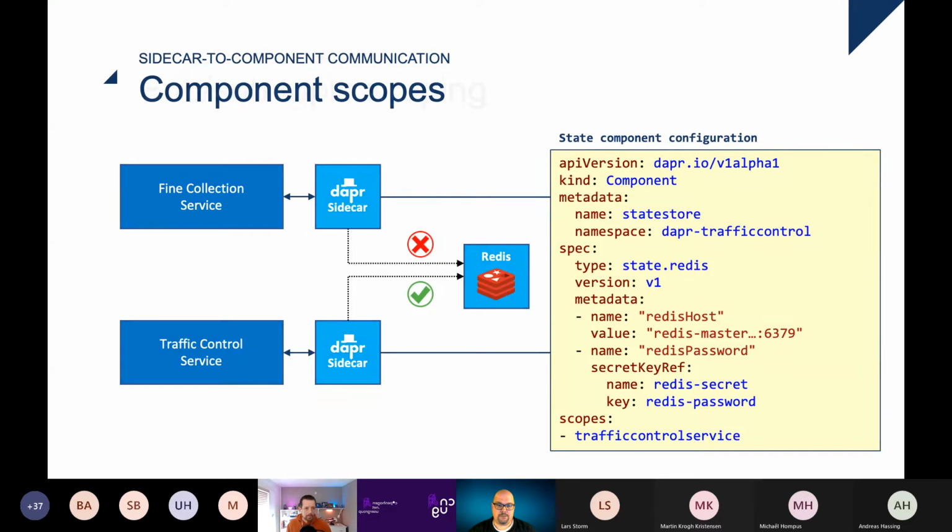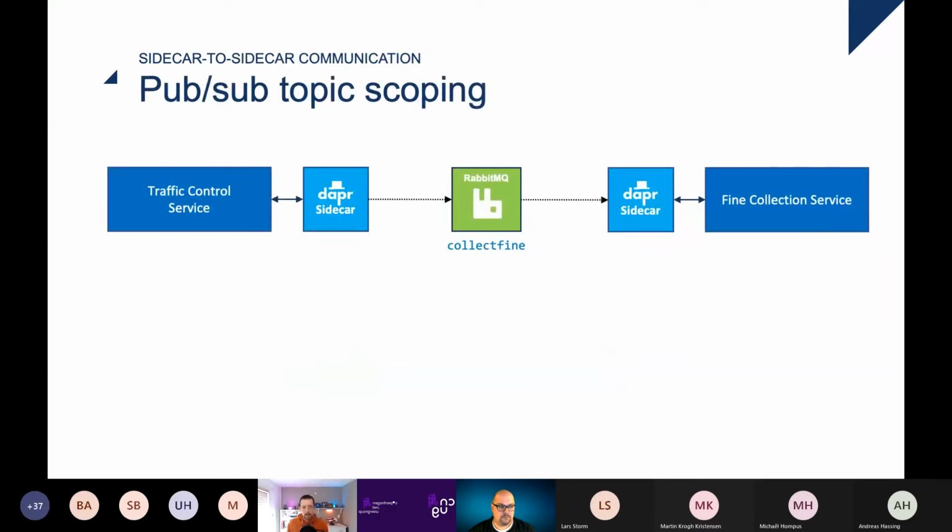So that's a very simple way to limit your components to just the applications that you want. And for some building blocks, you can take this a step further. For example, for PubSub, I can still use that same mechanism to specify which of my applications are allowed to use the PubSub component. But then for those that do have access, I can further restrict what they can do with that PubSub component.